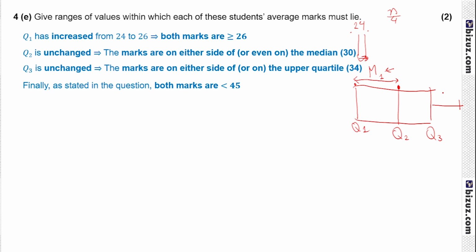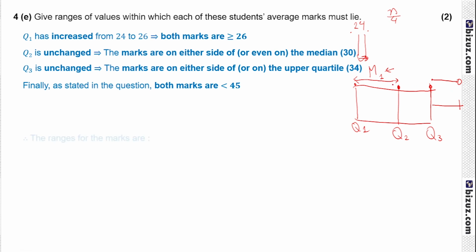Now, the other one must be to the right, or even on it. It might even be on this upper quartile. So from here, inclusive, up to here, and it's not inclusive here because they said both marks must be less than 45.